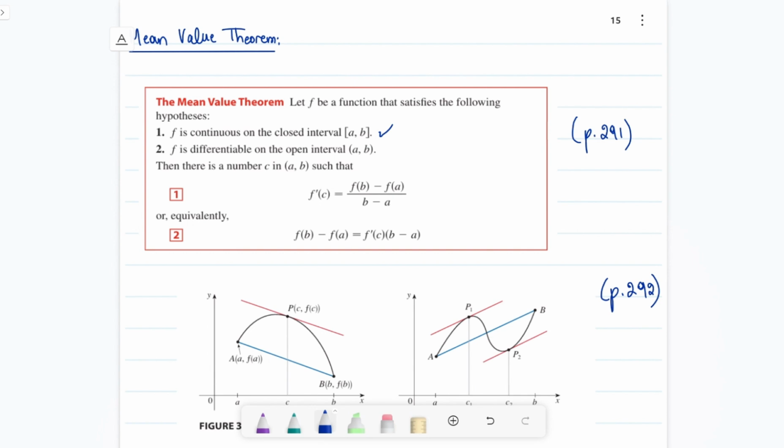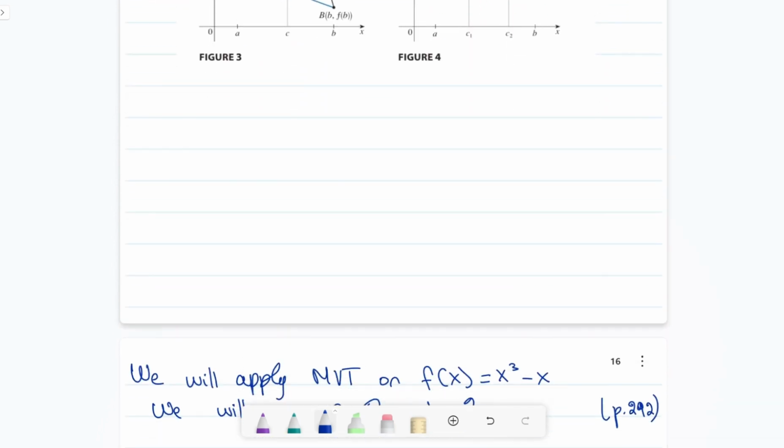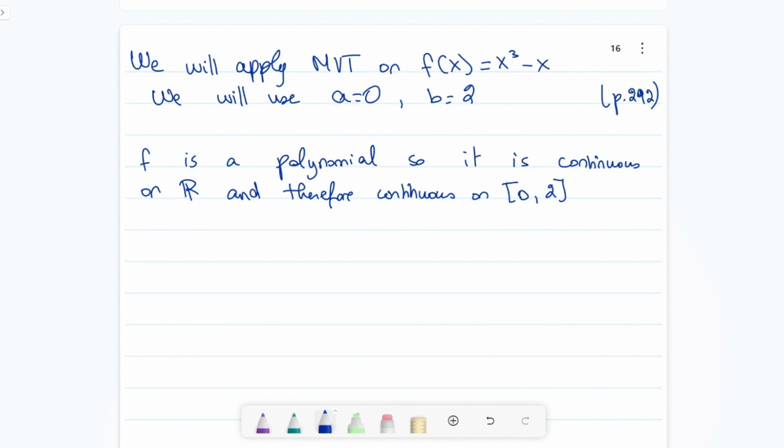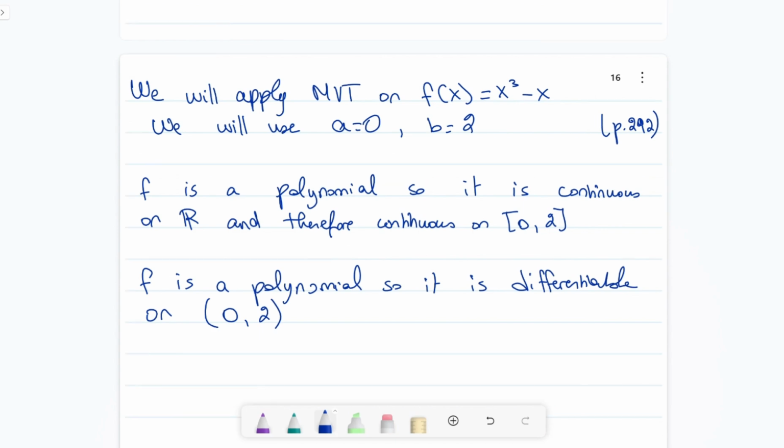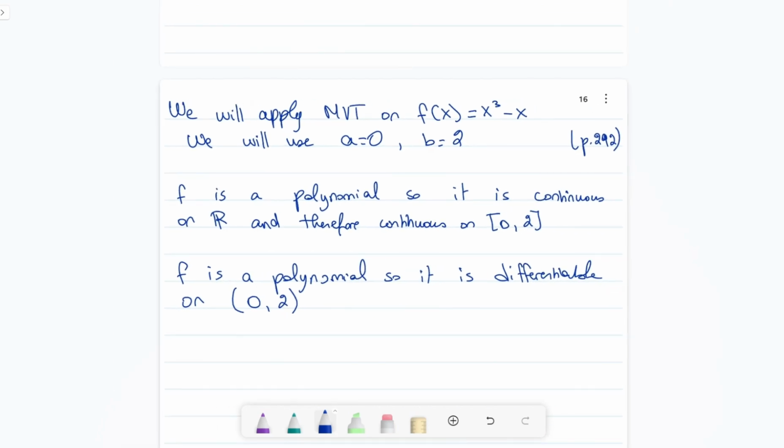Now let's move on to condition 2. f is differentiable on the open interval a b. Again, since f is a polynomial, it is differentiable on the open interval a to b. So we got the second condition.